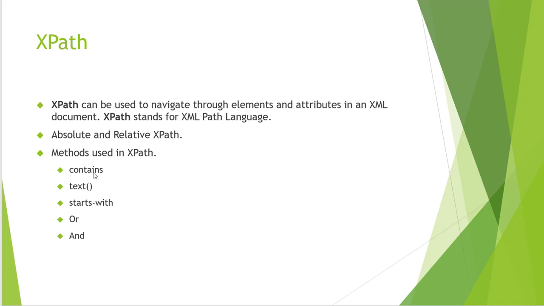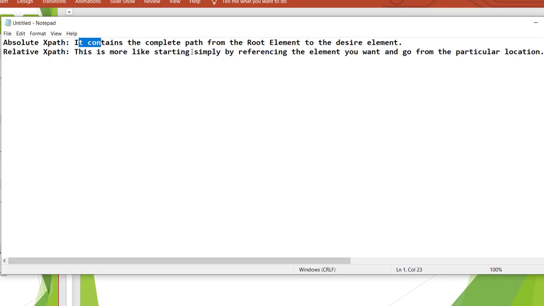There are also some methods used to create XPath, like contains, text, starts-with, and or, and many more. First, let us understand the meaning of absolute XPath and relative XPath.